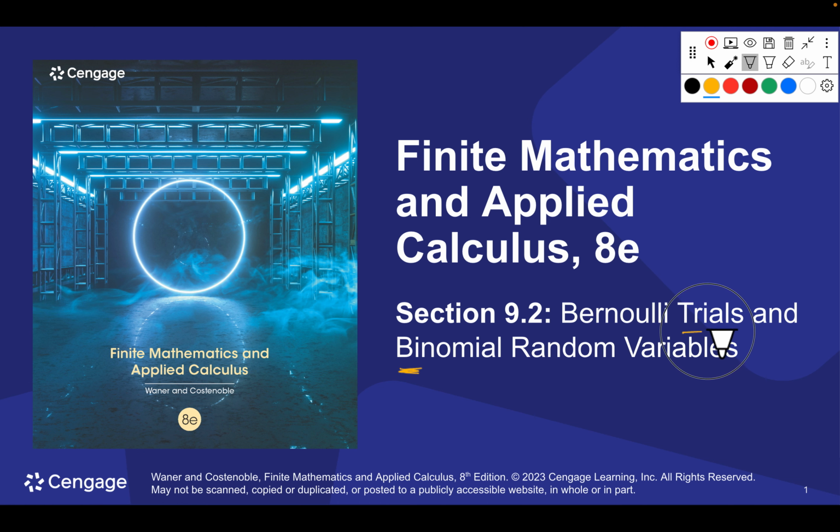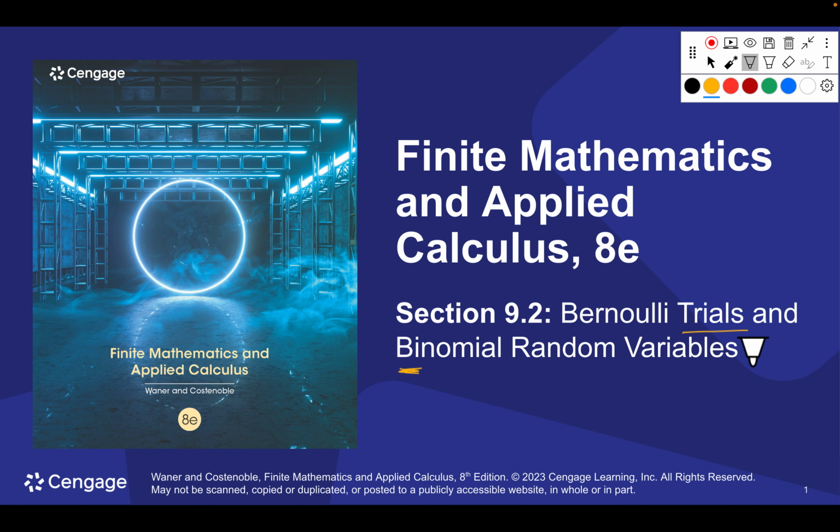The word trials, Bernoulli trials, means that we're talking about probability experiments. And remember, a probability experiment is just something like rolling a die. Let's roll a die and see what happens. Let's flip a coin and see what happens. Let's pull a marble out of a bag and see what color we have. And a trial, we're going to do those multiple times.